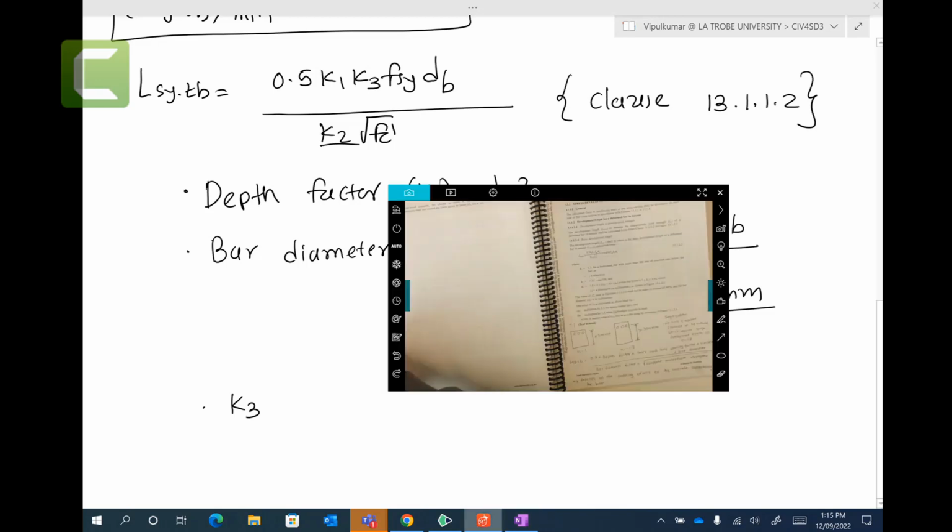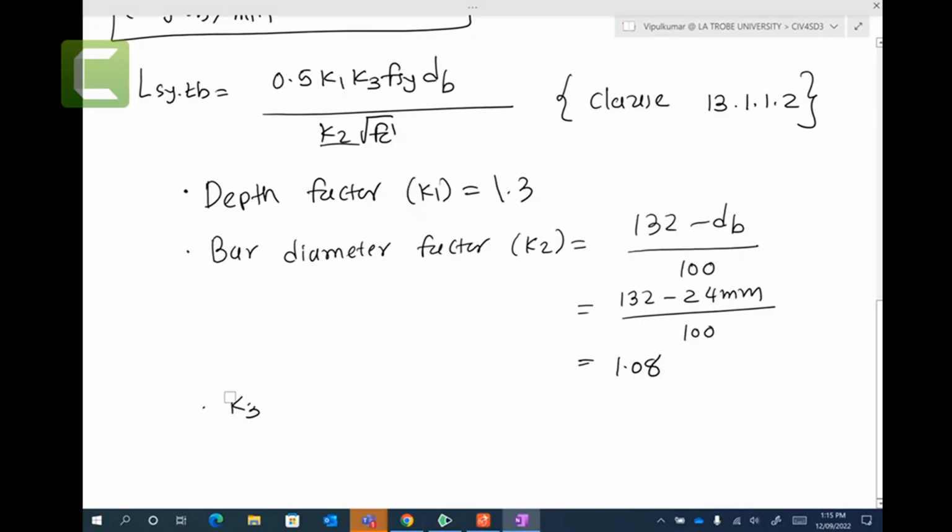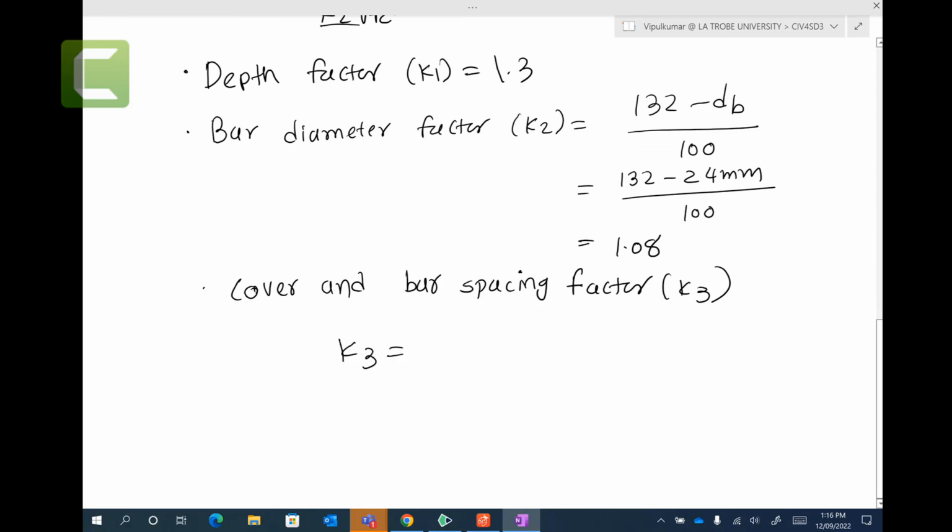K3. What is the name of K3? K3 is the cover and bar spacing factor, and the equation for K3 is equal to 1 minus 0.15 (cd minus db) over db.